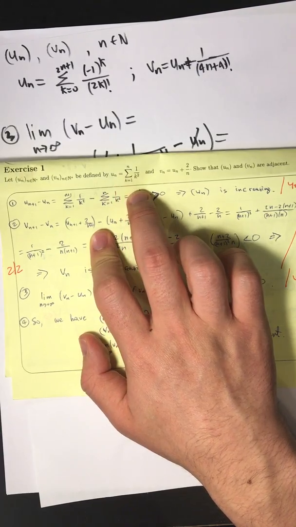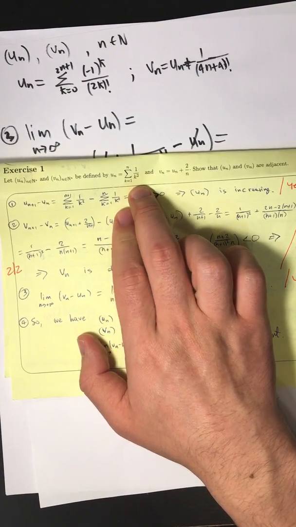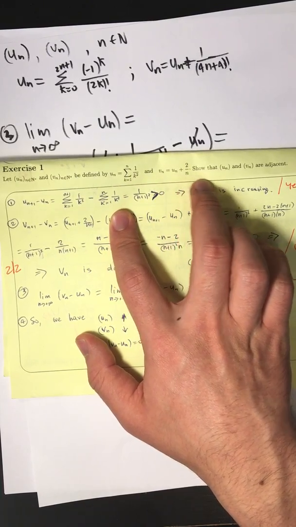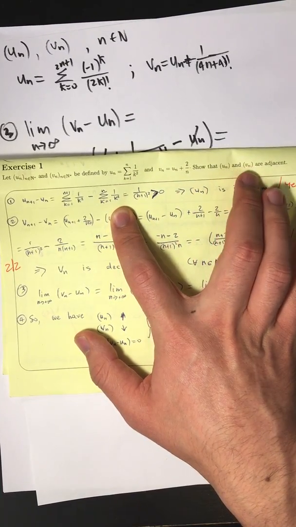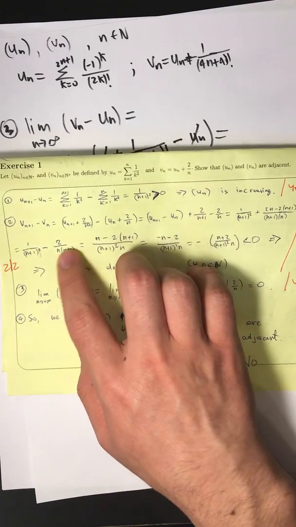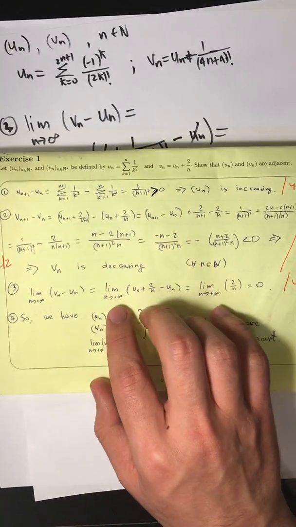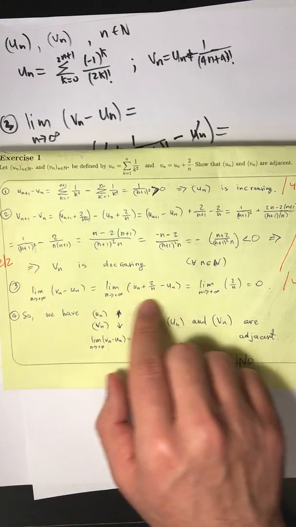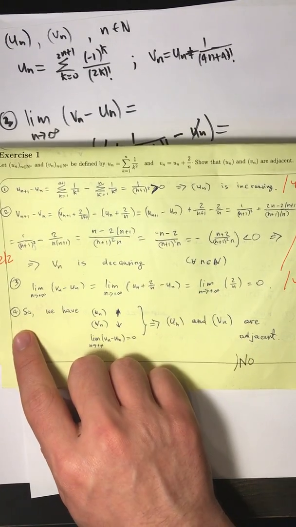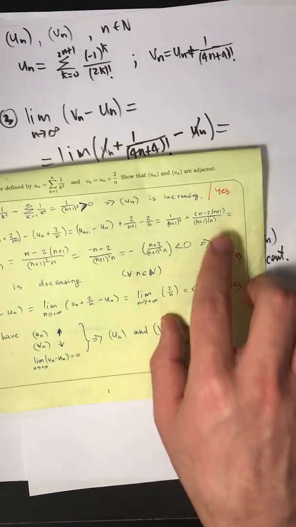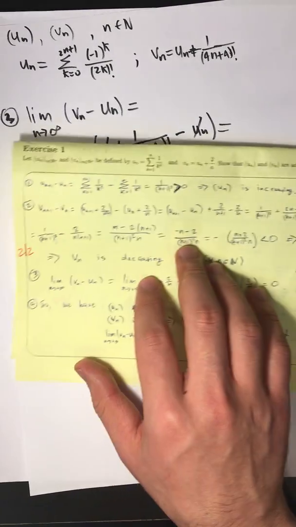This was the midterm question from 2018. Un and Vn are given, and if you want to try, you can try this one. And this is the first step, second step, then third step, the limit being 0, and the fourth step: Un increasing, Vn decreasing. If you write this, you will get yes, yes, yes, and 2 out of 2.